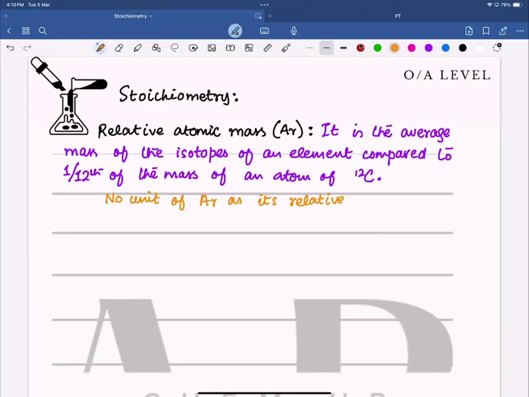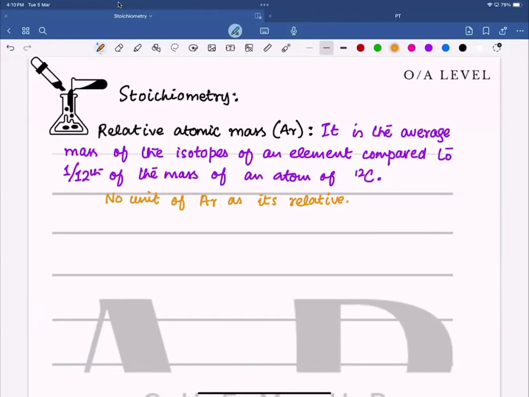Just give me a minute, please. Okay. So it has no unit because it's relative. And why we choose carbon, that we are relating everything with carbon, it is because carbon is the most abundant element found. So that's why we choose carbon.